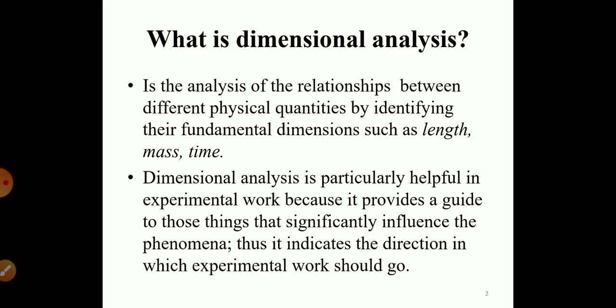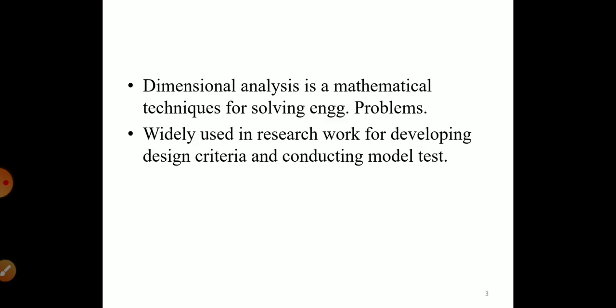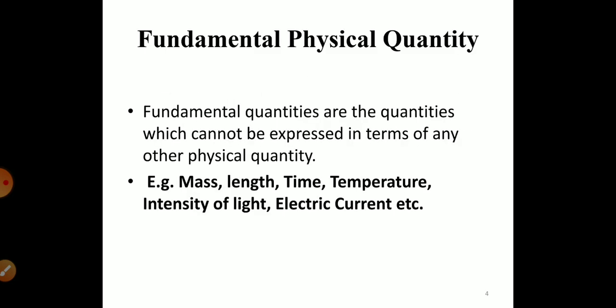Have you understood what dimensional analysis is? It is the mathematical technique which deals with the dimensions of the physical quantities involved in the phenomenon. Next part is the fundamental physical quantities. What are the fundamental physical quantities? Fundamental physical quantities are the quantities which cannot be expressed in terms of any other physical quantity.